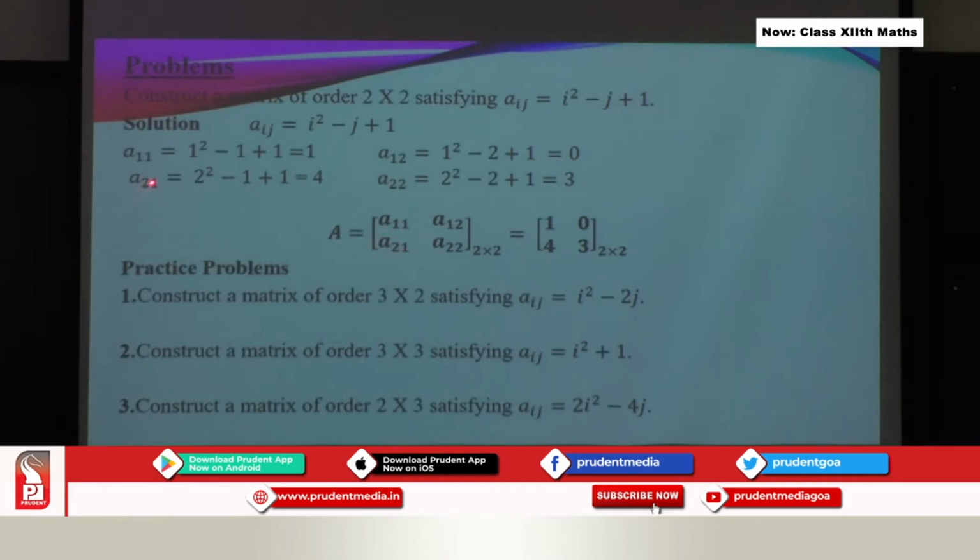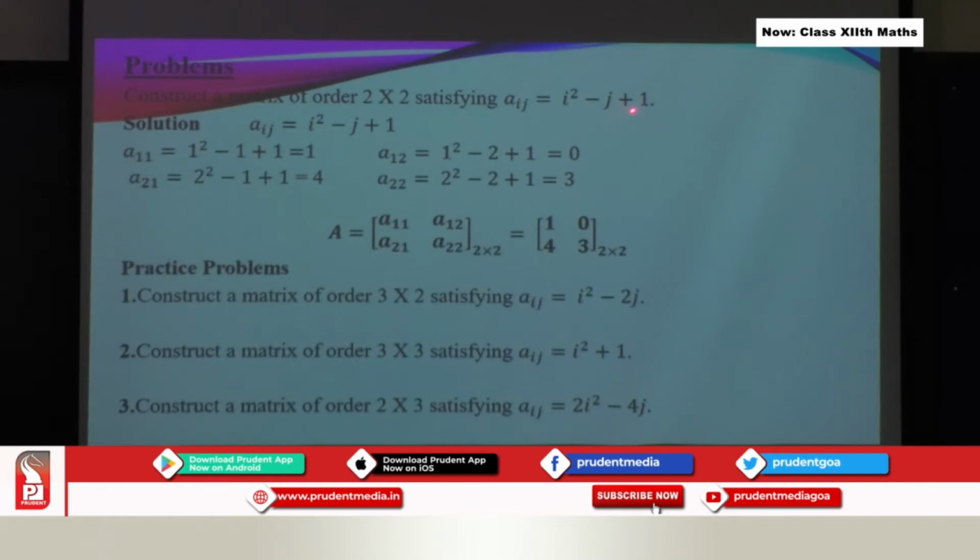Over here I get 2 square minus 1 plus 1, so I get it as 4, and A22 I am getting as 3 by substituting i equal to 2 and j equal to 2 in this matrix generator. And at the end, I substitute in the positions of the elements, and I get my matrix of order 2 by 2. So this is how we construct a matrix using this matrix generator.